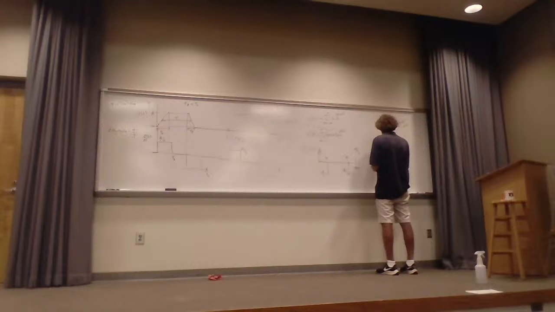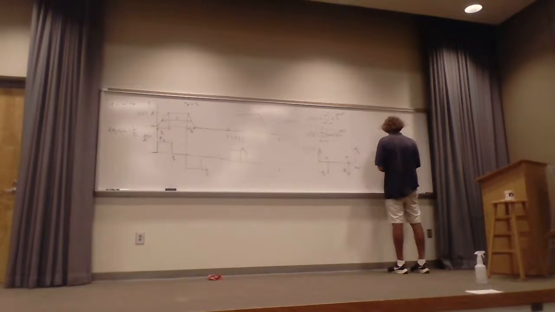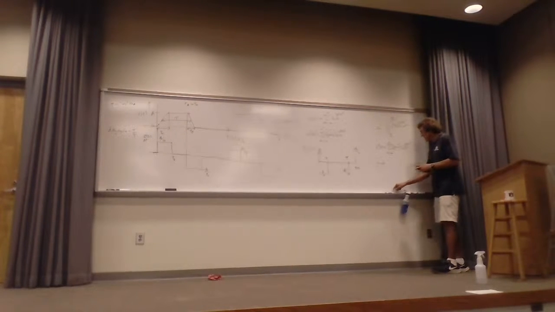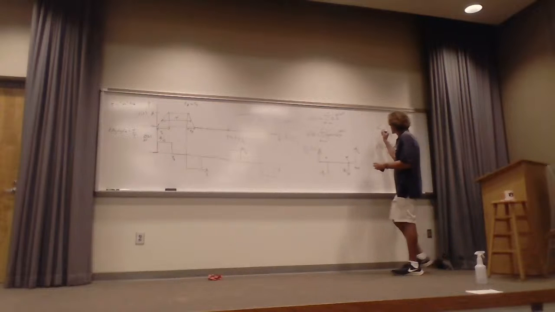And I can say that my v double prime of t is equal to that Fourier series from n equals minus infinity to infinity of j n omega naught squared c of n times e to the j n omega naught t. And here we set this equal to c of n double prime, which is right here.